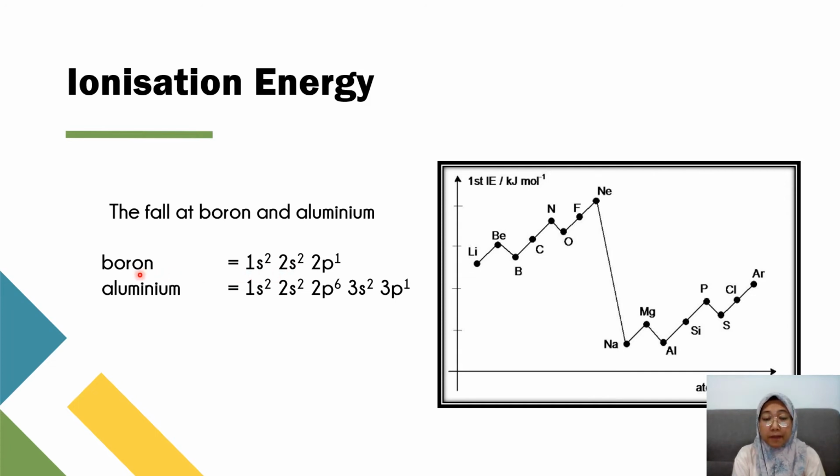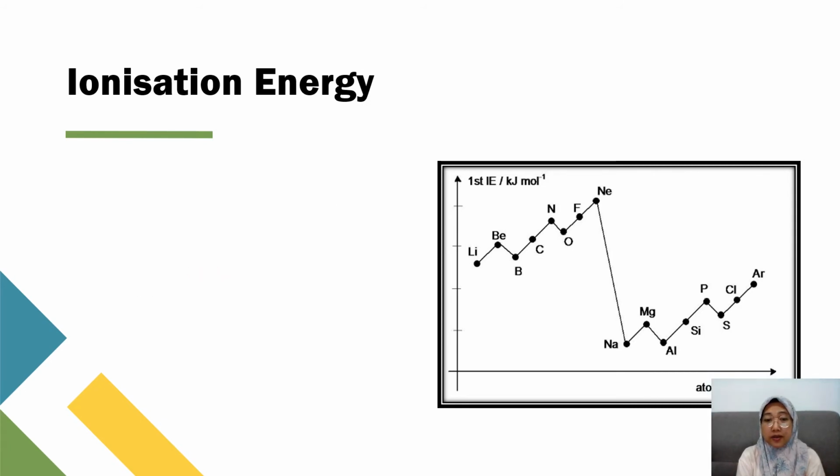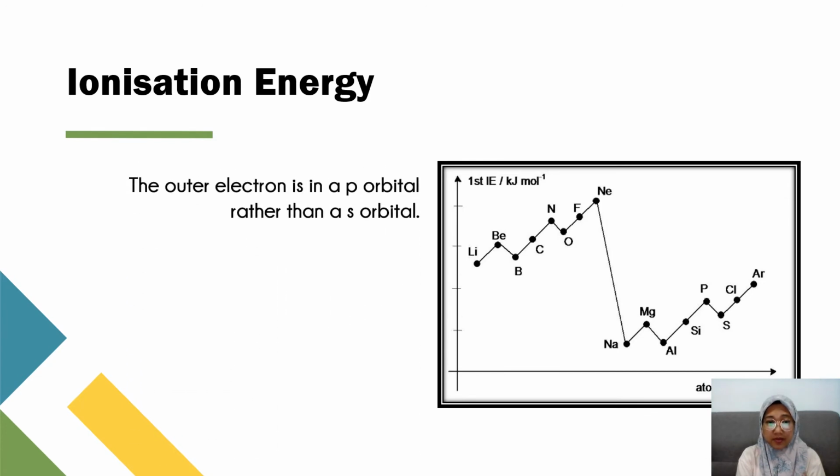Okay, but for boron, 1s2 2s2 2p1. So the outer electron is in a p orbital rather than a s orbital. Okay. Kalau beryllium tadi dia ada sampai s orbital sahaja, tapi untuk boron dia ada p orbital.